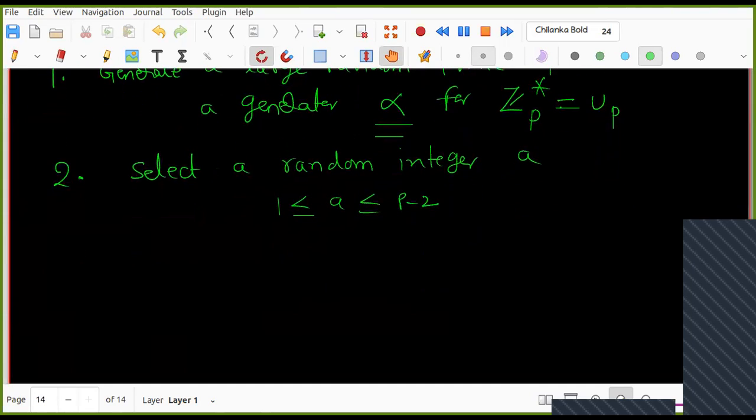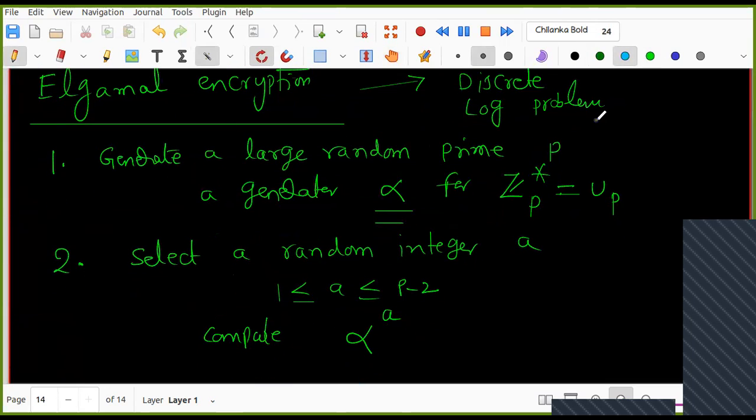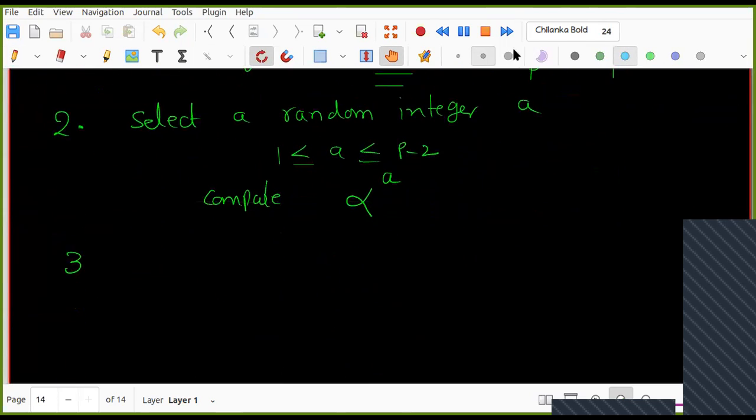And we'll compute alpha power a. This is key generation. You can stop here and use it for the key exchange problem also.